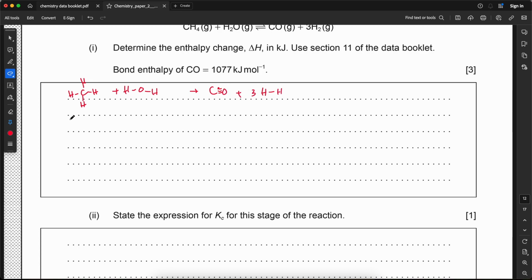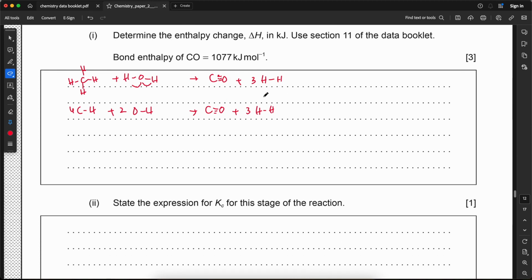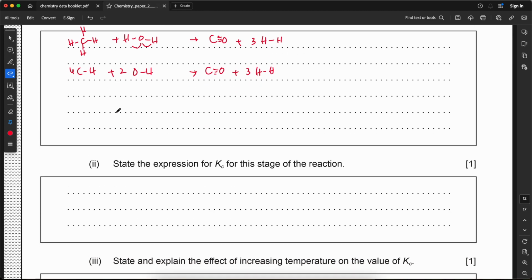Okay, so here we have 4 C-H, this one, this two. So that would be 2 O-H, produce C triple bond O, and 3 H-H. So the number would be 4 times 414 plus 2 times 463, produce this one, 1777 plus 3 times 436.